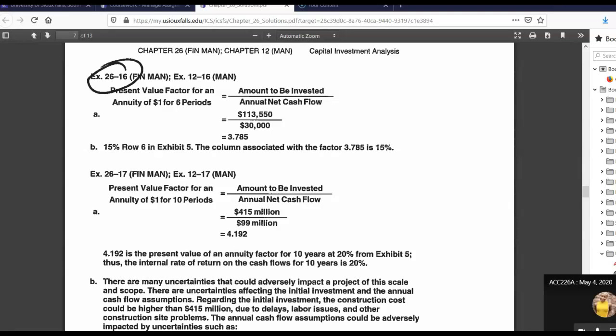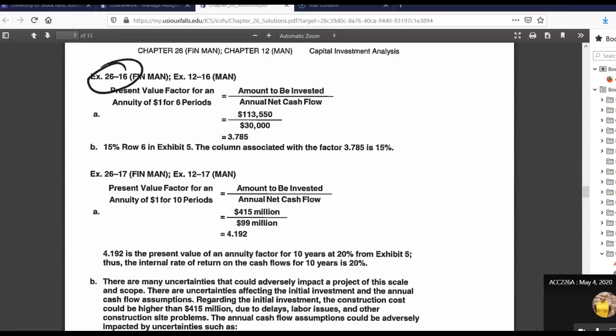So in letter A, how do you calculate a factor? It's this calculation here, amount to be invested over annual net cash flows. And what I want you to realize is, if you look at that formula, does that stand out to you and remind you of another calculation?